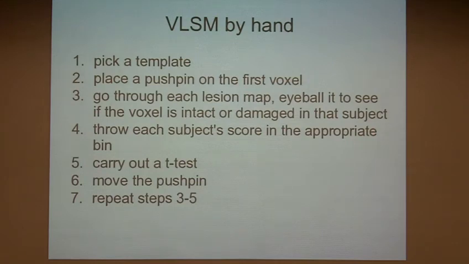Then you move the push pin, you do the next voxel, and you keep repeating steps 3 through 5 till you've gone through the whole brain. I guess I could have added some more items at the bottom. Now you have a t-score for each voxel in the brain. And when I say voxel, I mean the place where you put the push pin on the template.